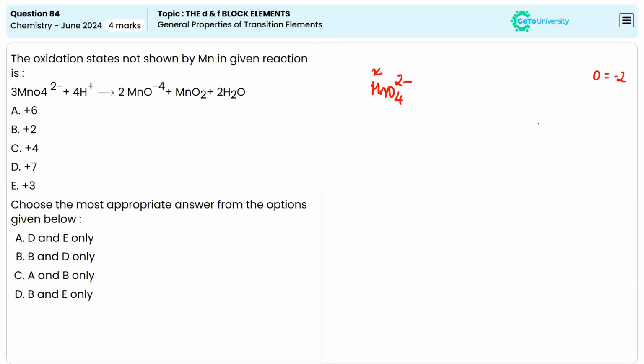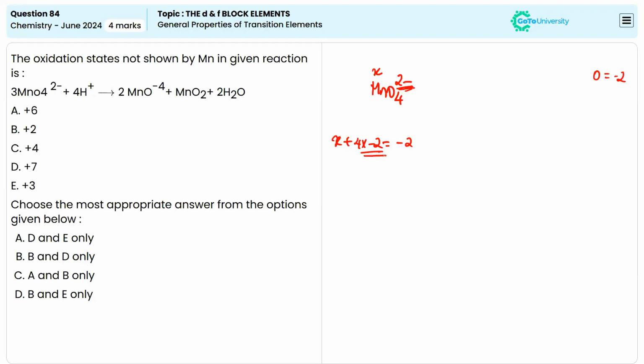According to the rules, the summation of the oxidation states will be equal to the total charge of the species. Here the charge is minus 2 only, right? So we can write X plus 4 times minus 2 is equal to minus 2, because 4 oxygens are there.